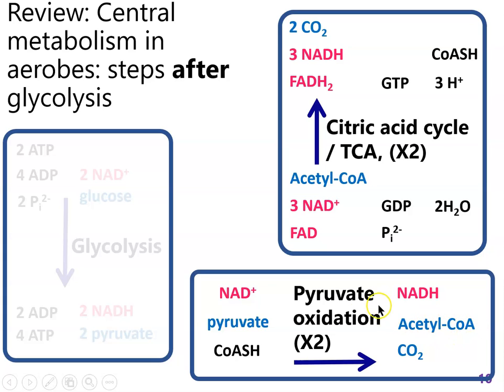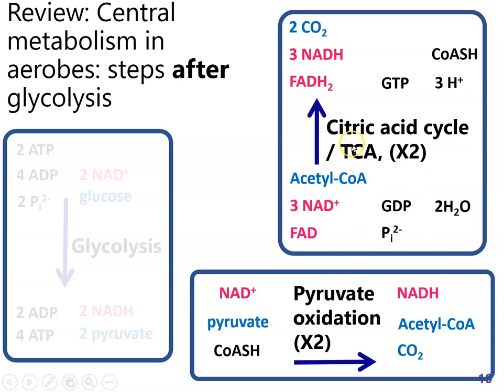So that's what comes out of pyruvate oxidation, and then that acetyl-CoA goes to the citric acid cycle. And in our own cells, this happens in the cytoplasm, and these happen in the mitochondria.